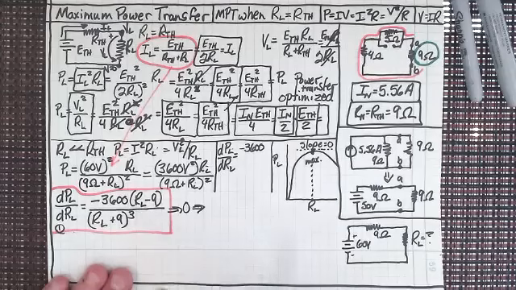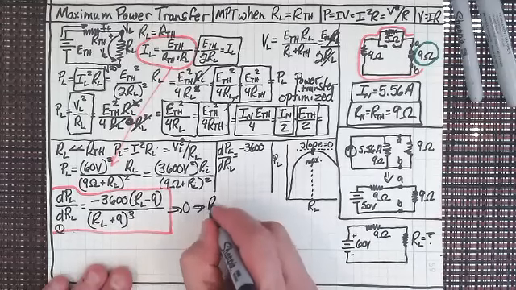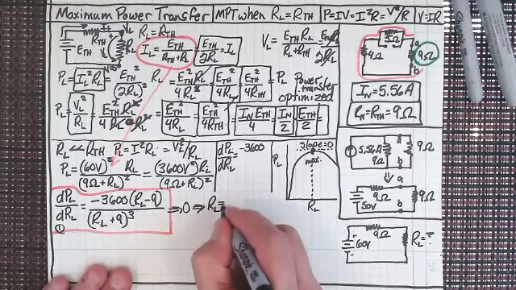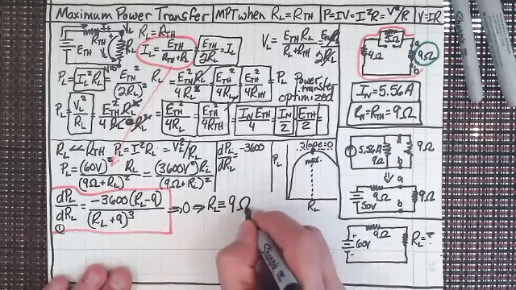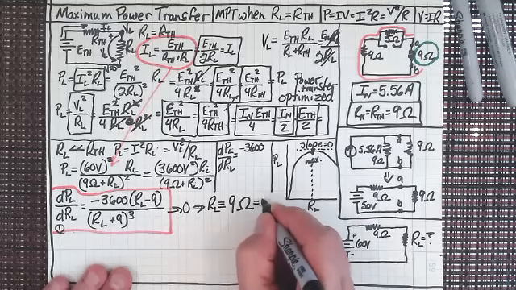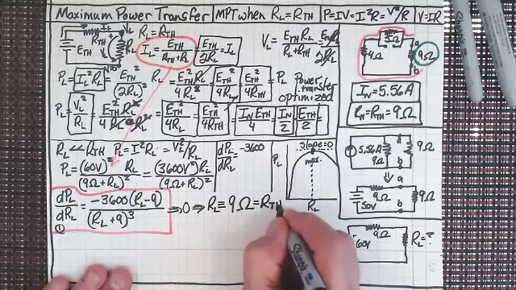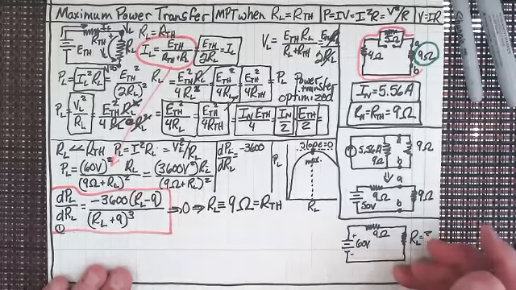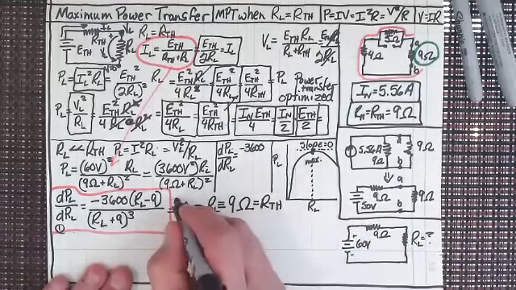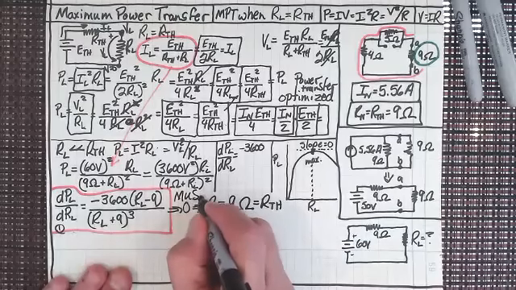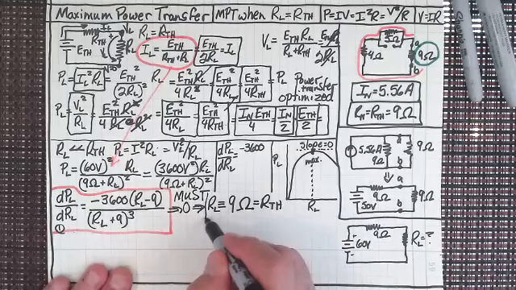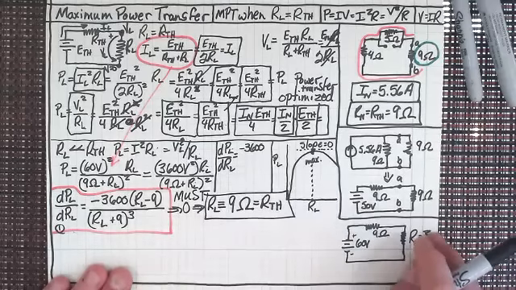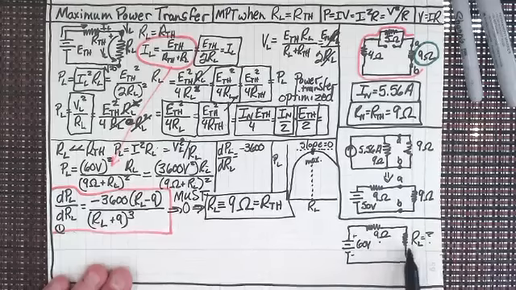I think everybody can see then that what that's saying is that R sub L must equal 9 ohms, which is the Thevenin resistance. Let's put that in, because this is the derivation. It must equal the Thevenin resistance to get the maximum power through there.